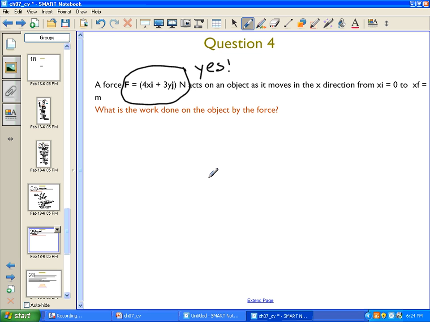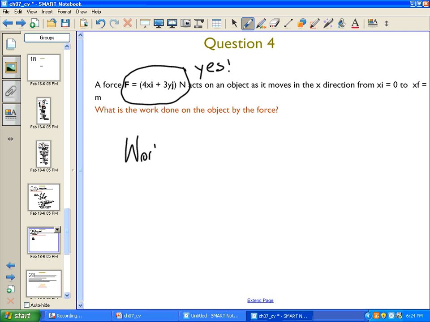This force is variable with position. And it acts on an object as the object is displaced from x equals 0 to x equals, let's see, our number got cut off, and the answer is 5 meters, I believe. What is the work done by the force?